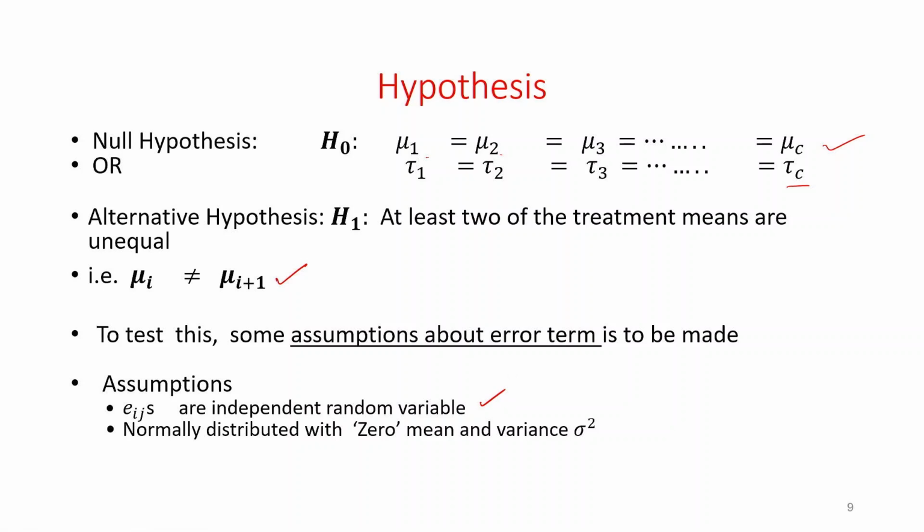And they are normally distributed with a mean 0 and variance sigma square. So the error terms have a mean value of 0, but variance sigma square. These are the assumptions we need to make for analysis of variance.